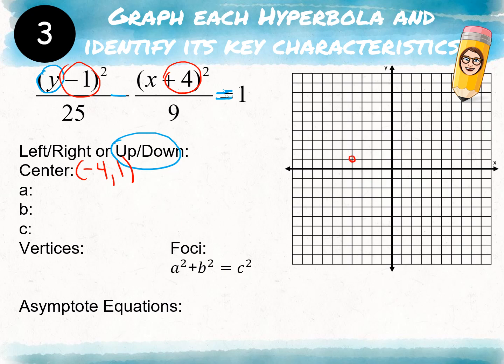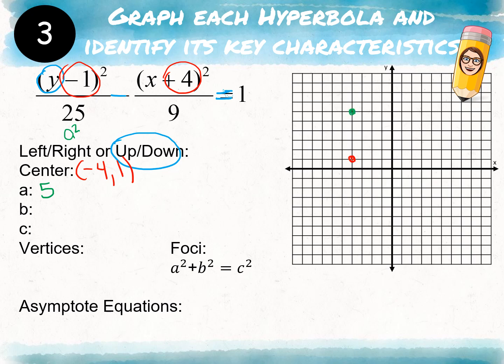I'm going to draw it right away. Our a value, because order matters, a squared is always first. Because a squared is 25, my a value is 5. A is the distance from the center to the vertex. So if I go to my vertex and I need to go up and down, I need to go up and down 5 units. 1, 2, 3, 4, 5.